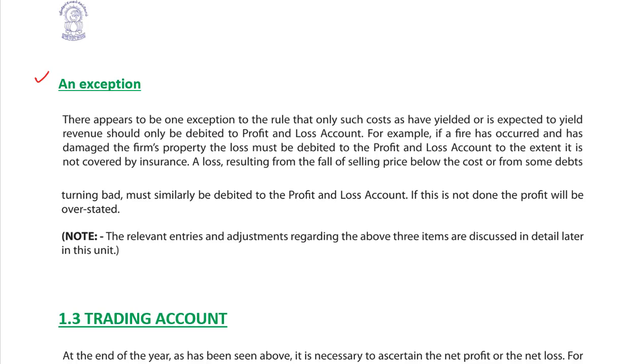A loss resulting from a fall of selling price below the cost, or from some debts turning bad, must similarly be debited to the profit and loss account. If this is not done, the profit will be overstated and inflated. Note: the relevant entries and adjustments regarding the three items disclosed earlier come later in this unit.